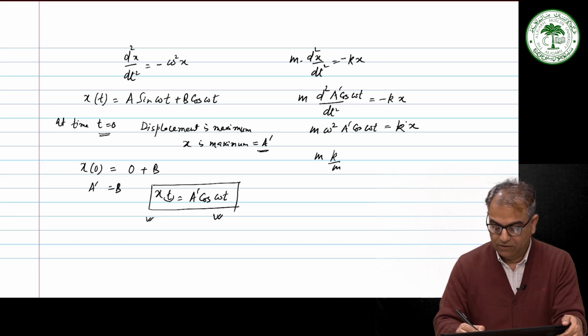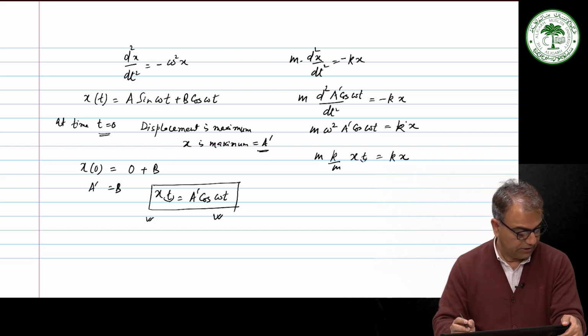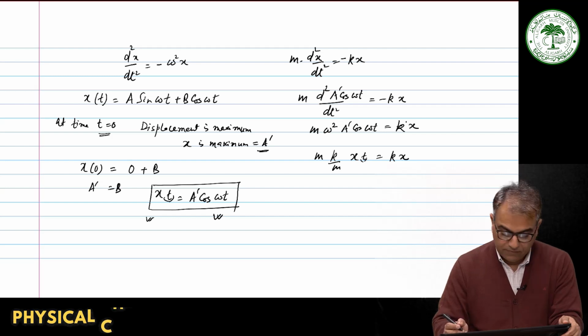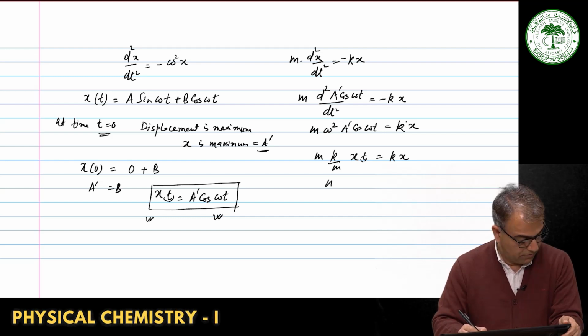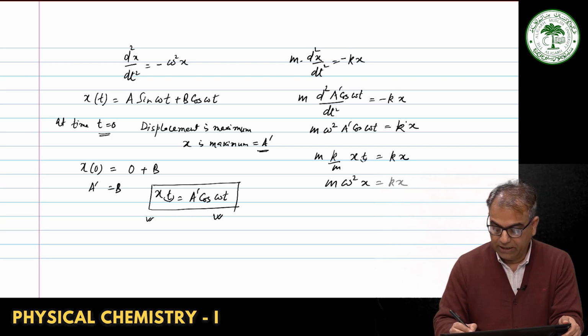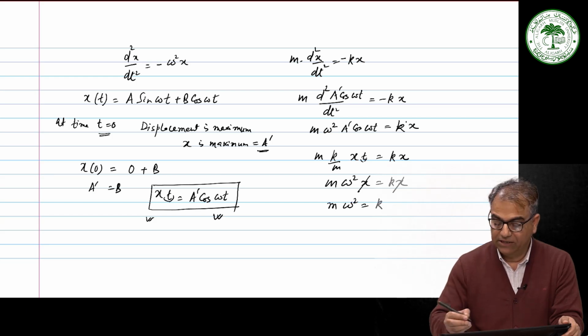And then you have A prime cos omega t is equal to x at time t, so m omega square x is equal to kx. So, x and x will go, and m omega square is equal to k, and omega square is equal to k over m.